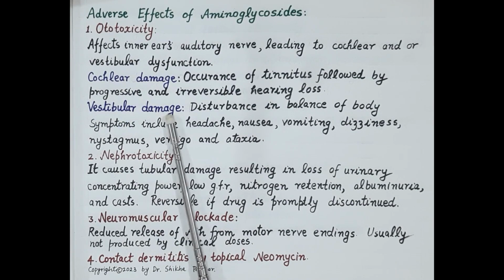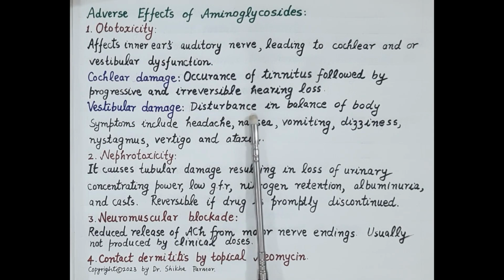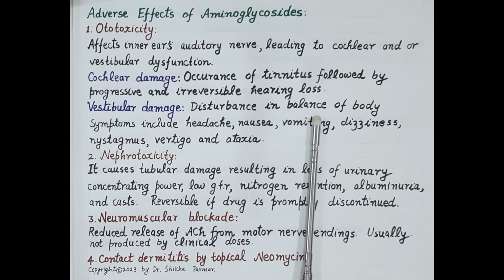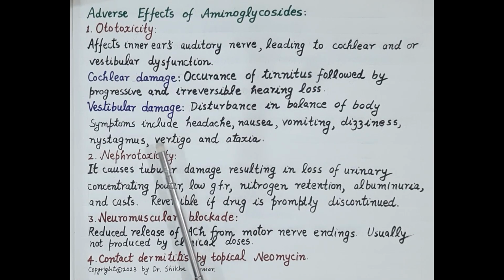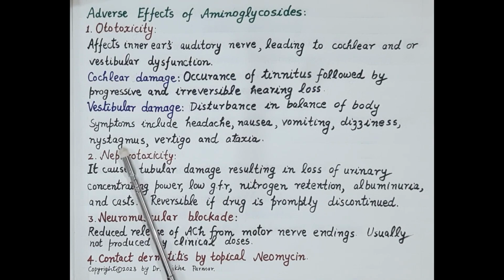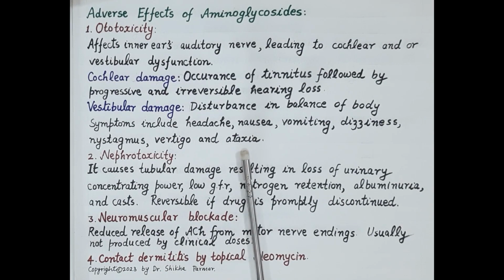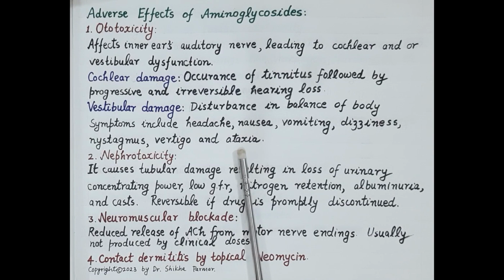So, vestibular damage produces disturbance in the balance of the body, and symptoms include headache, nausea, vomiting, then dizziness, then nystagmus, that is rapid involuntary movement of eyes, then vertigo and ataxia. Now, ataxia leads to poor muscle coordination which causes clumsy movements.